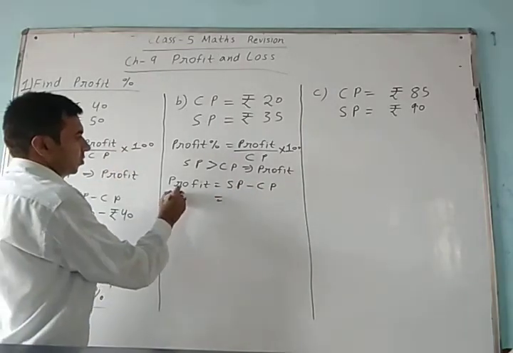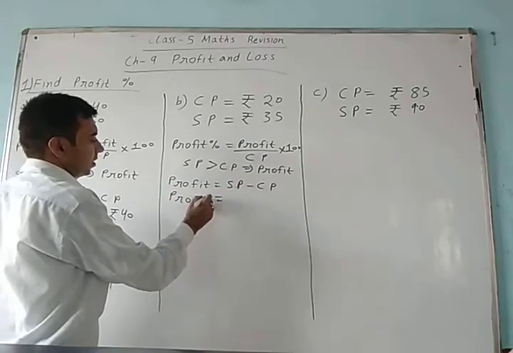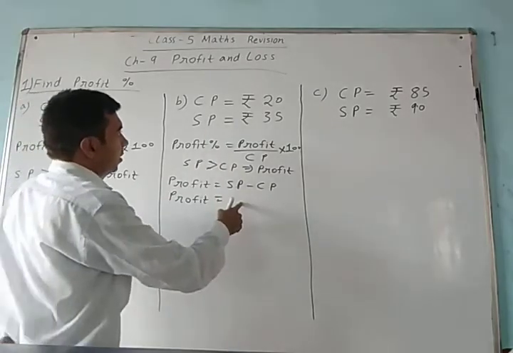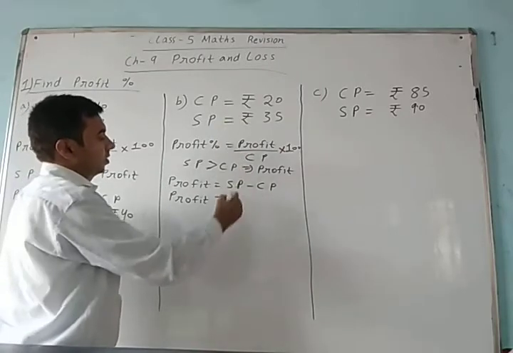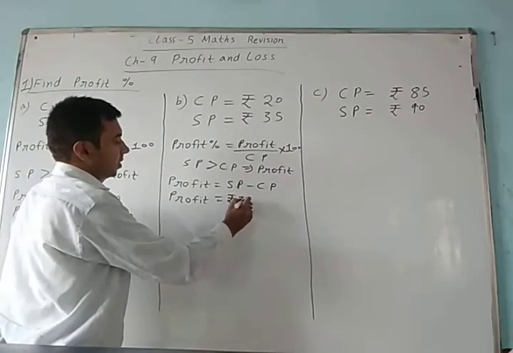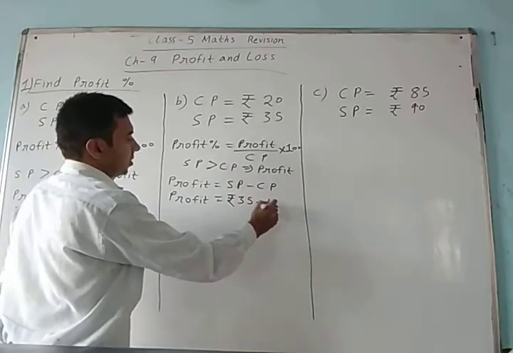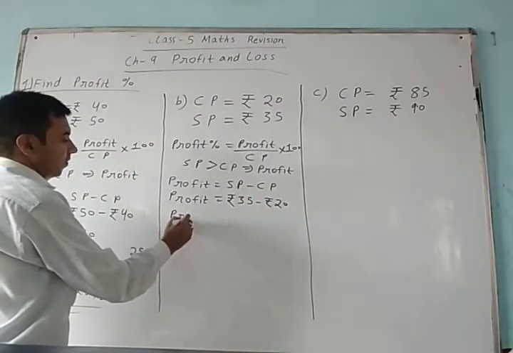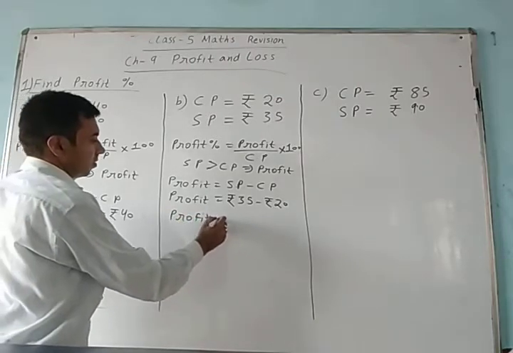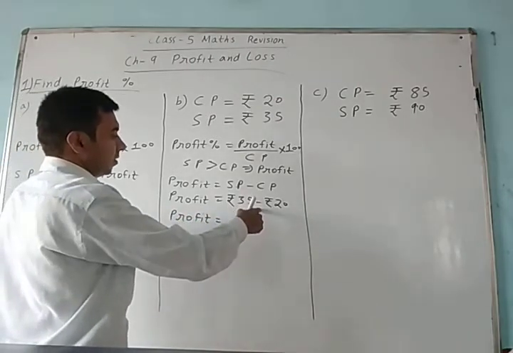Now put the value, student. Profit, see here, profit, selling price how much, student? Rupees 35, cost price rupees 20. Now student, profit, solve this.